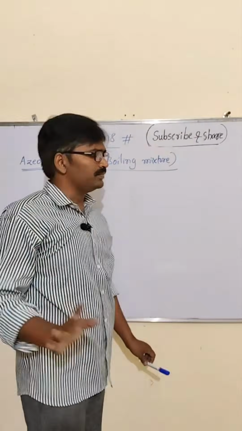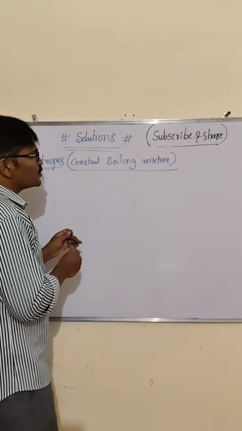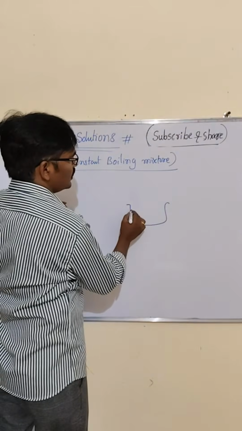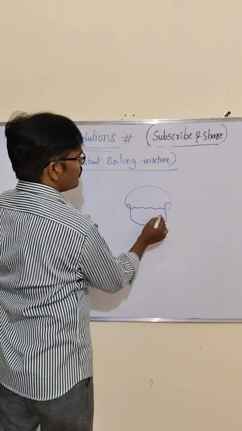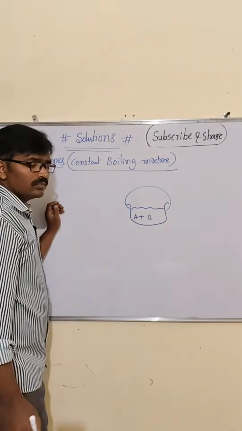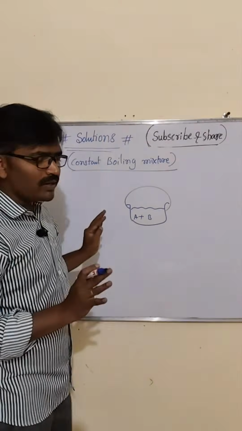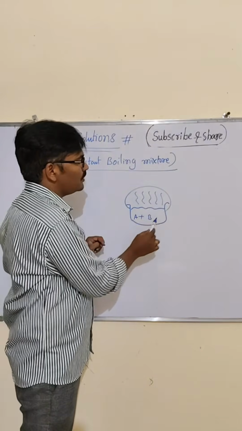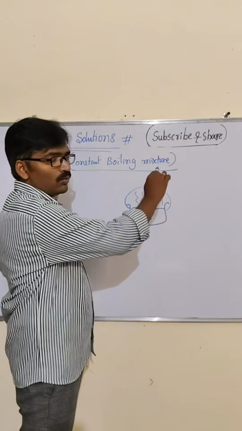Listen carefully. One solution is there. It is a binary solution. Just assume it. In the binary solution, A component is there and B component also is there. It is present in a closed vessel. Even the vapors are formed in the space between the liquid surface and the cap.